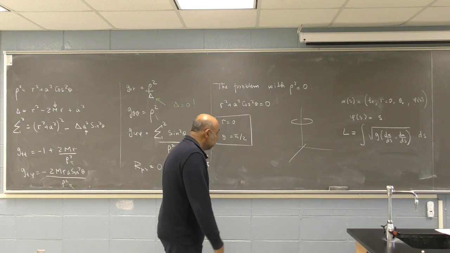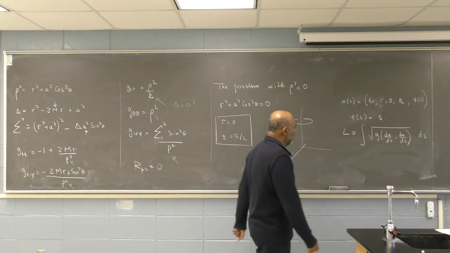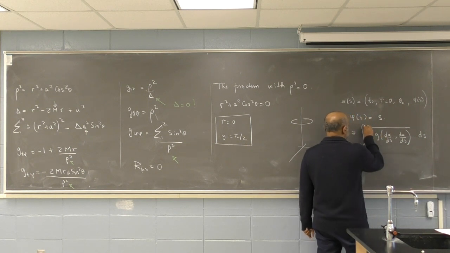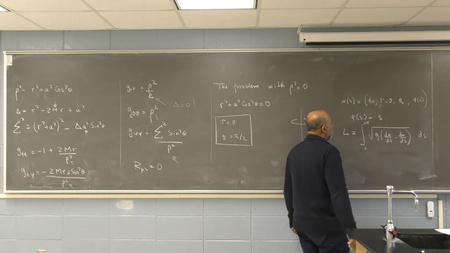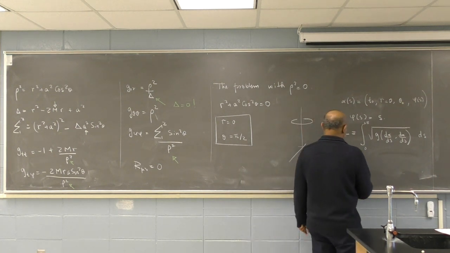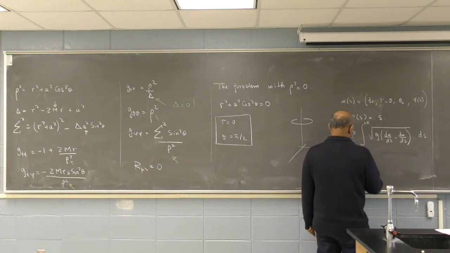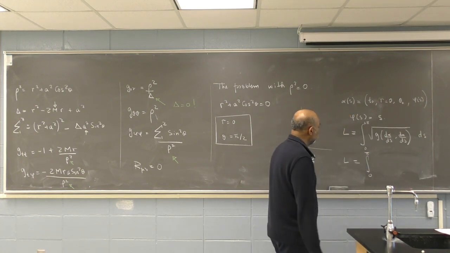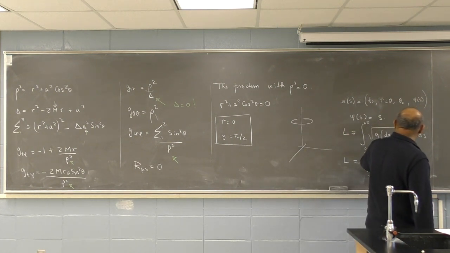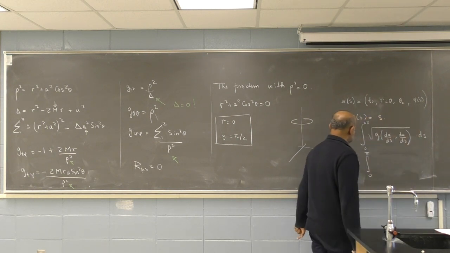If phi of s is s, the integration limits are 0 to 2 pi. And so that is equal to the integral from 0 to 2 pi. This is only the phi component, and d phi ds is 1.